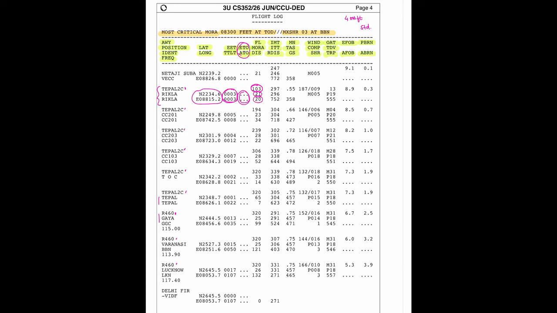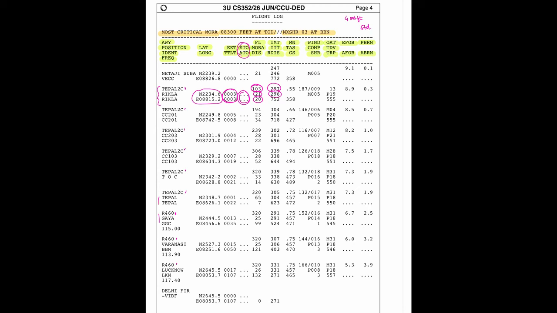At that REKLA point, the initial magnetic track is 297 and the initial true track is 296. Magnetic track and true track are different: magnetic track uses magnetic north, and this 296 uses true north, which is the true north, 0 degrees.